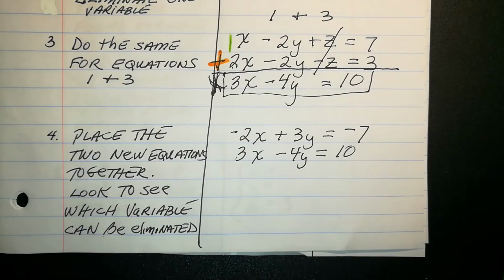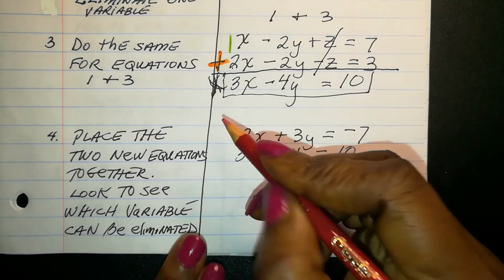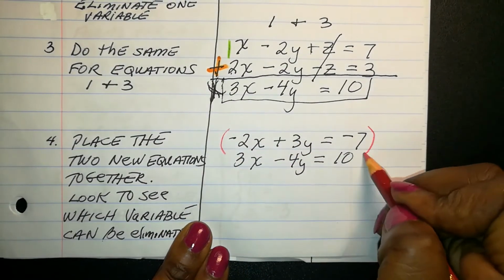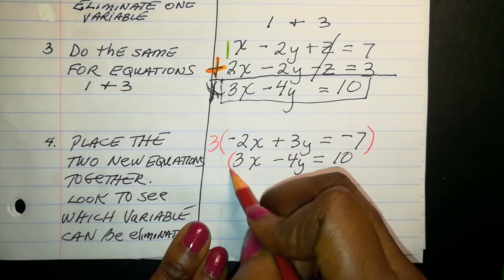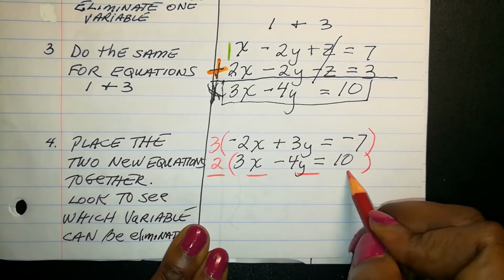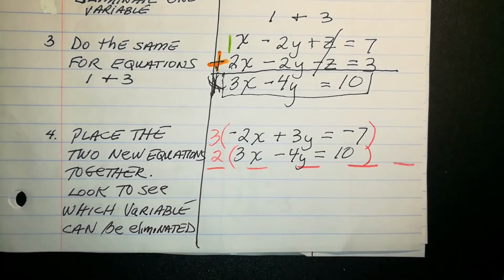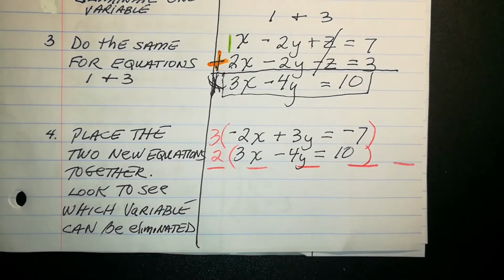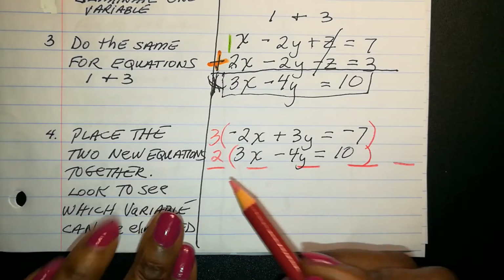So that's what I'm going to do. I'm going to multiply the top by 3 and the bottom by 2. And I'm going to put a dashed line so you can see that we're changing the equations. We're literally changing the equations on our own to help ourselves out. Now watch.